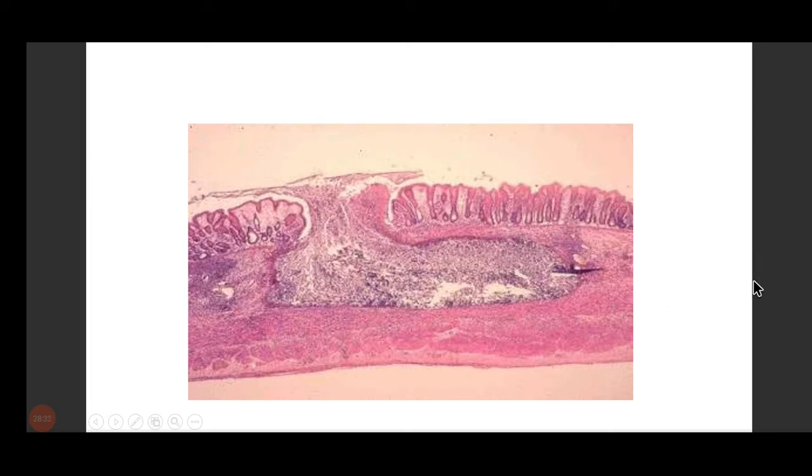What is this? What can you see? What is this? Can somebody tell me what this is?